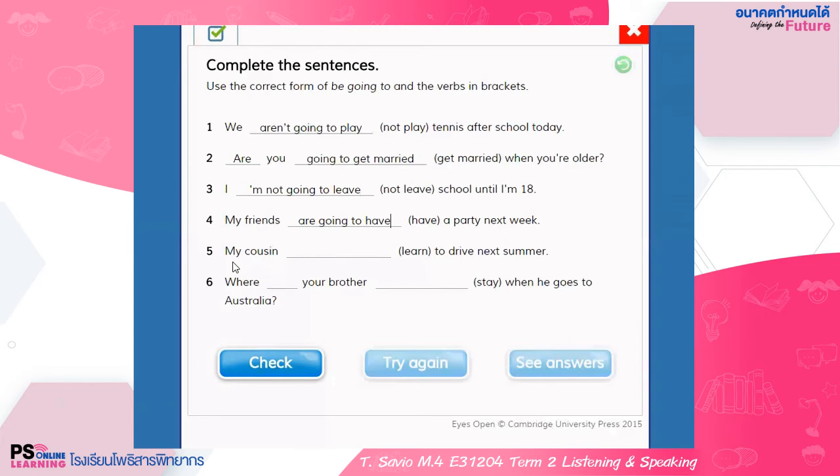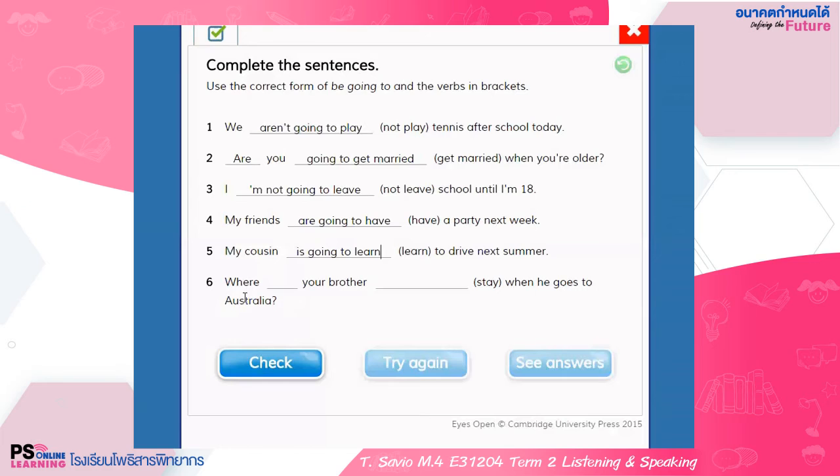Number 5, my cousin learn to drive next summer. My cousin is going to learn. My cousin is going to learn to drive next summer.